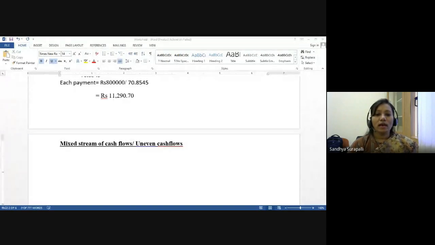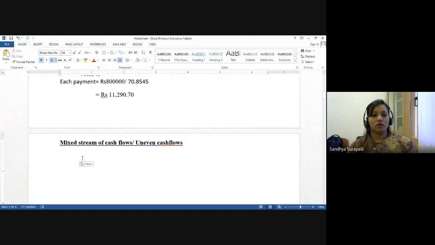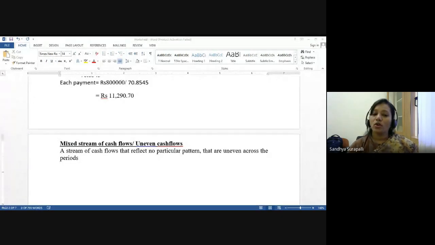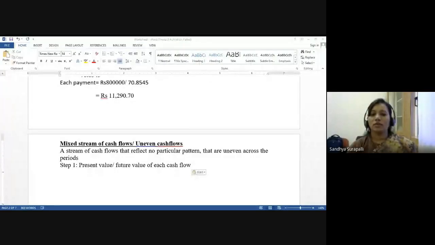So when you have a mixed stream of cash flows, you will have to calculate the present value or future value of each period's cash flow. You cannot have one particular annuity. You calculate the present value or future value of each cash flow, every period, every month, every year's cash flow.